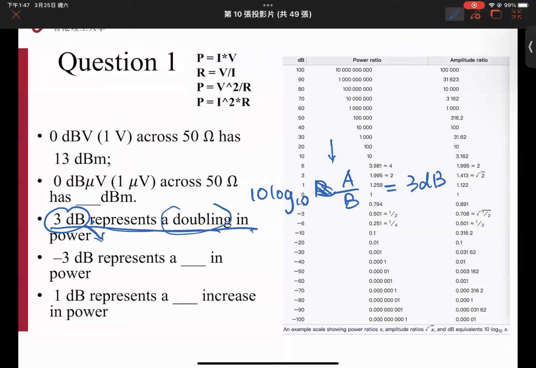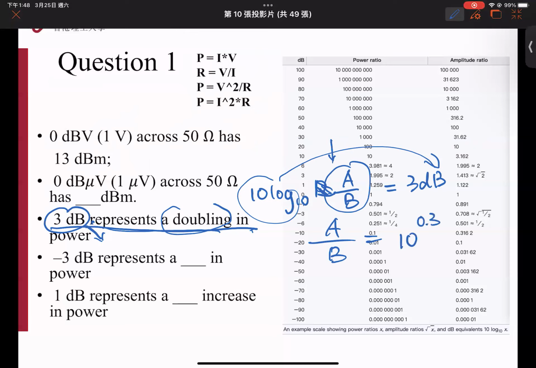Then what we do is a trick to keep this one on this side, and we put this part into the right hand side. So now we become like 10 to the order of 0.3, right? This is their ratio. And if we calculate this one, it is very, very close to 2.